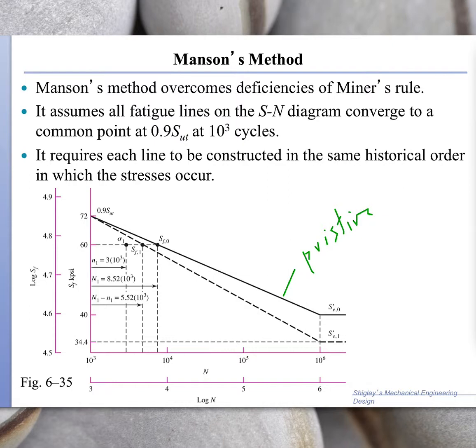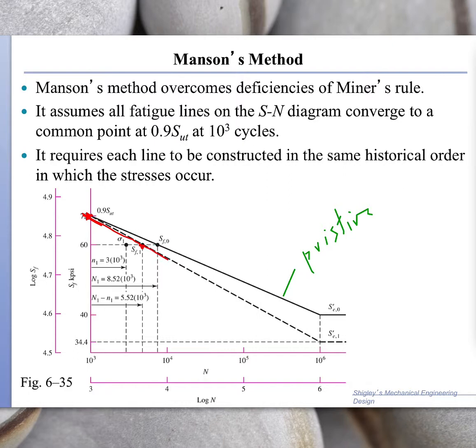Then the corrected or damaged curve in this case is pinned to the coordinates of 0.9 S ultimate, and therefore we recompute the point SF1 after the first utilization and just connect these two.